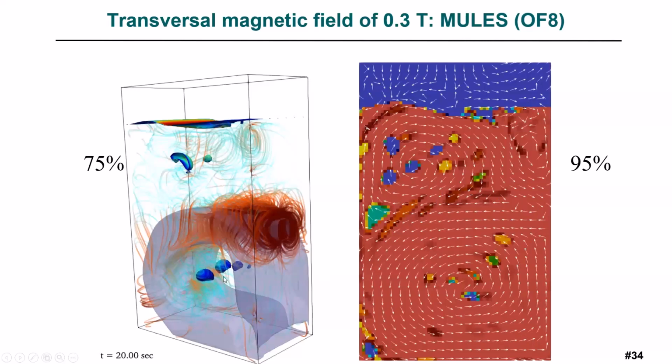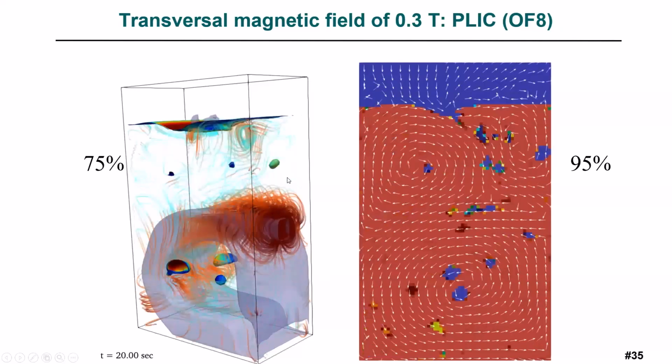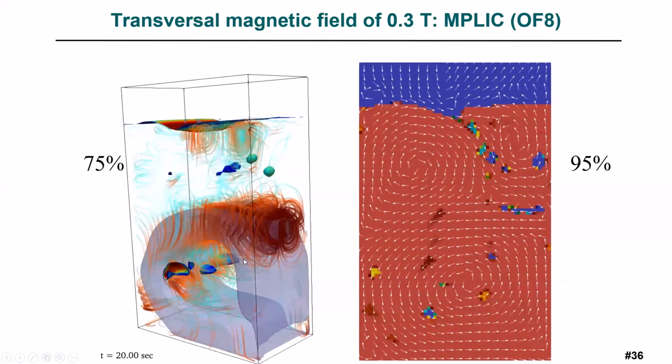So we have some quite big bubbles entrapped in this circulation zone. The trend is reduced in the case of PLIC and MPLIC, but we still entrap very big bubbles in the zone.